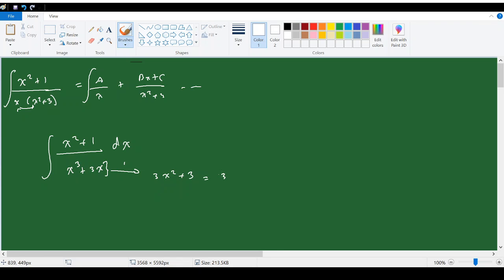So that means 3 times x squared plus 1, and the x squared plus 1 term is there in the numerator. So if we simply multiply by 3 and divide by 3, you can at once find the answer for the given problem.